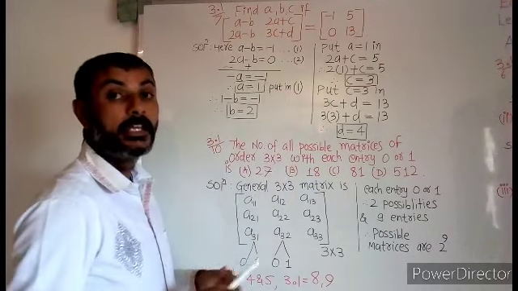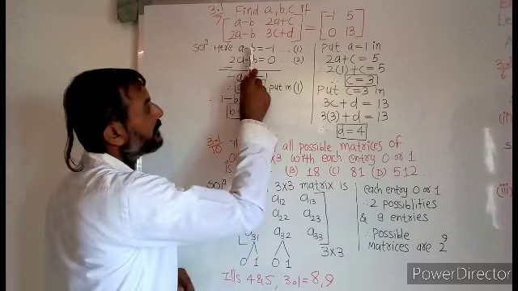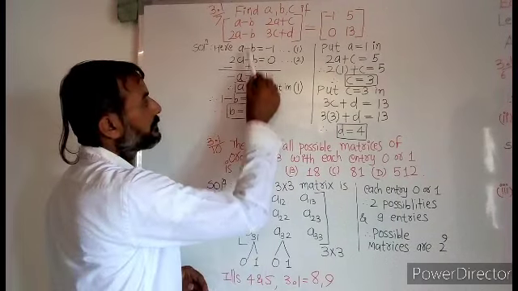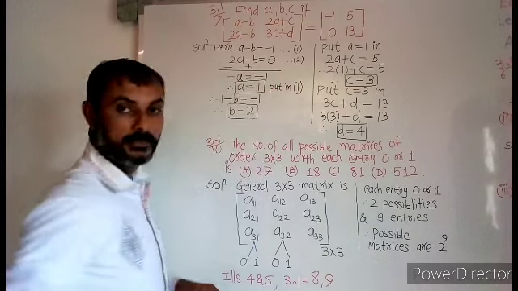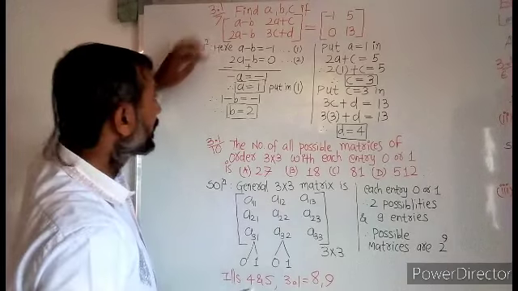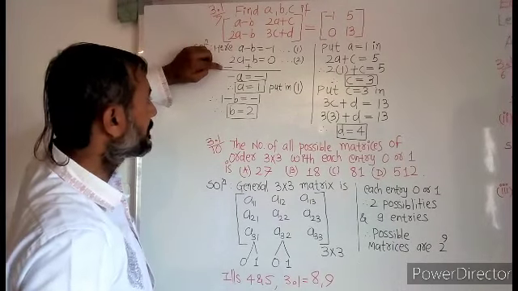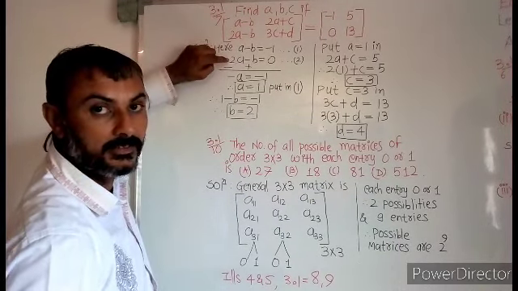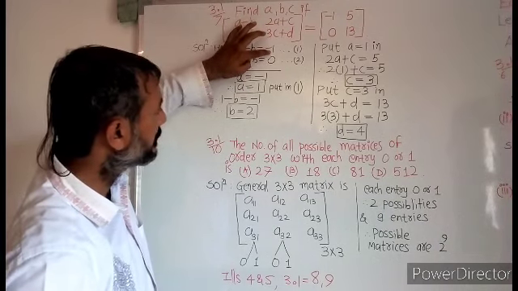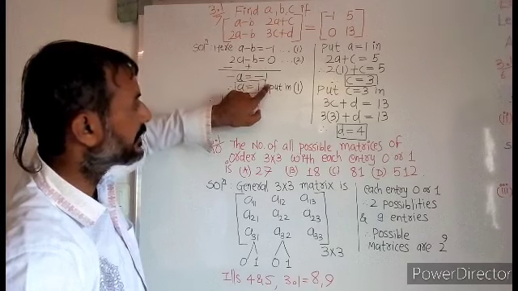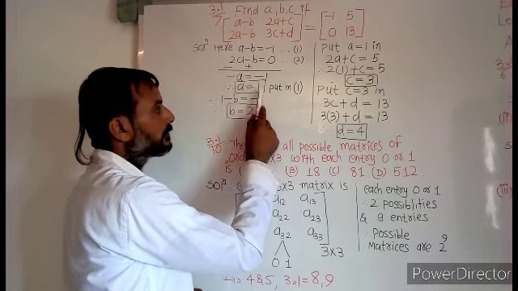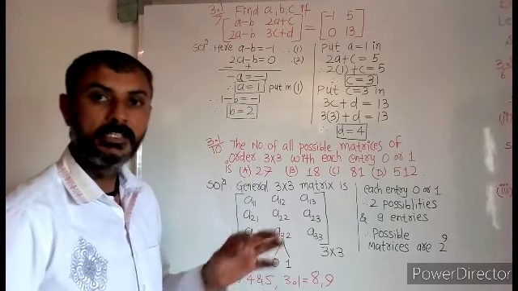Let's solve by elimination. The minus b and minus b cancel, and a minus 2a leaves minus a. Minus 1 plus 0 is minus 1. So minus a equal to minus 1, a equal to 1. Value of a is 1.